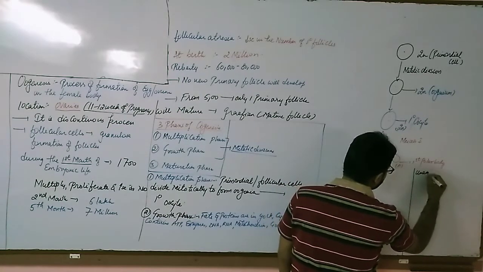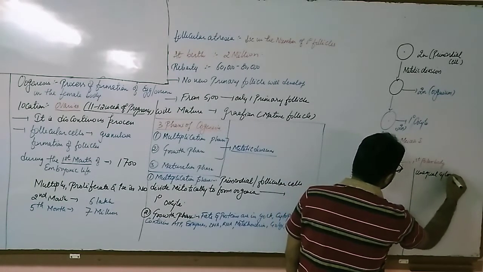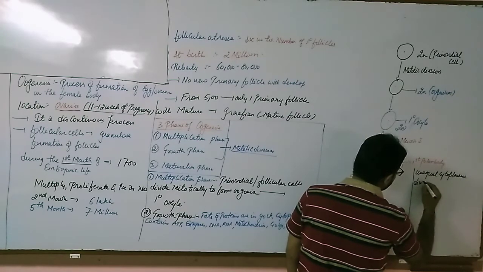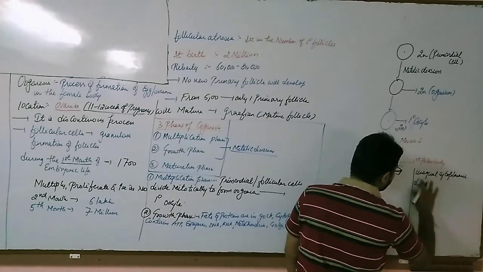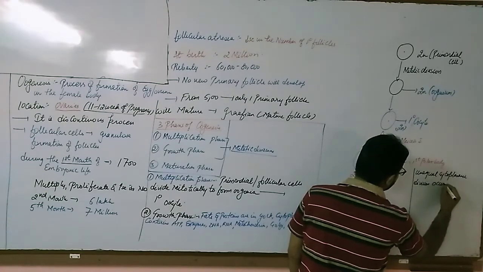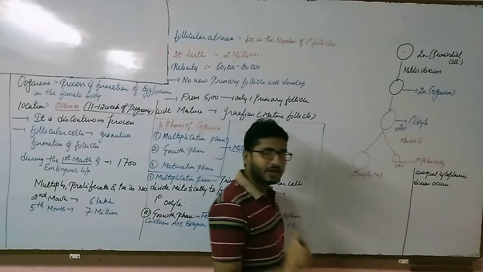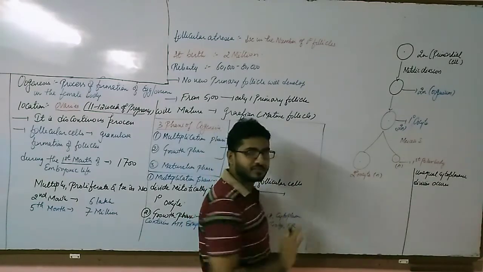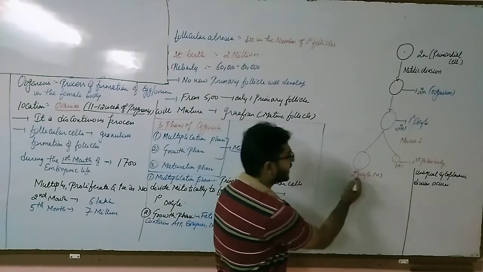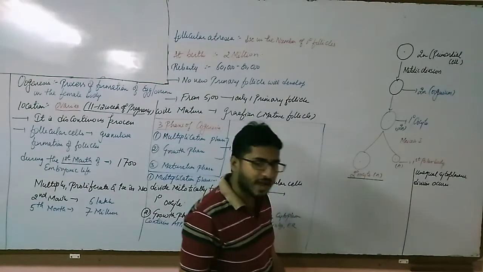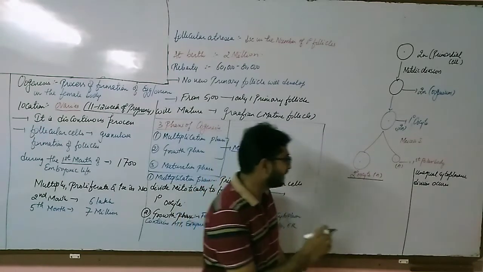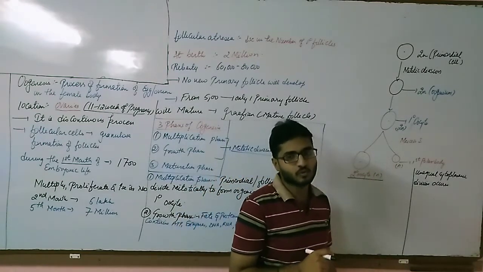Unequal cytoplasmic division occurs in such a manner that one cell receives the maximum of the cytoplasm, and the cell receiving the maximum cytoplasm is called the secondary oocyte, and the cell which receives the lesser amount of cytoplasm is called the first polar body.